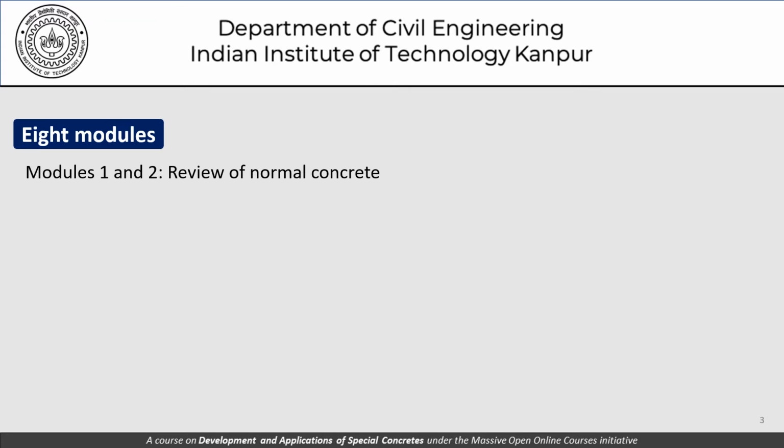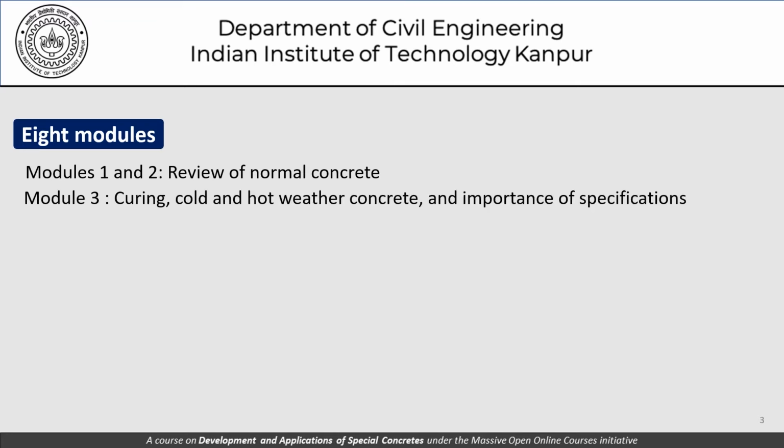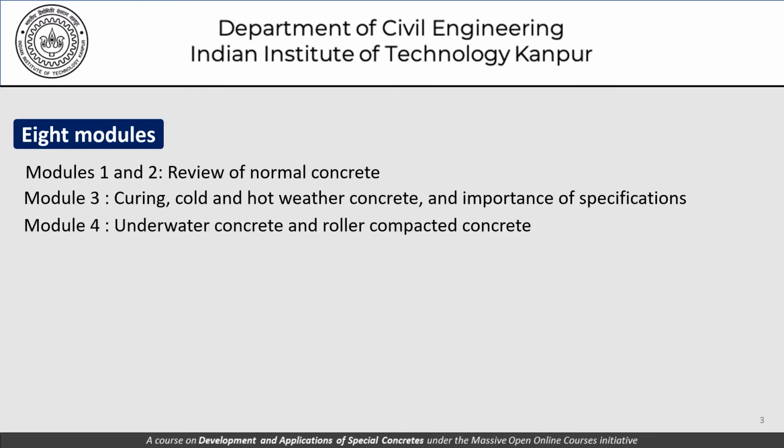To recapitulate, Modules 1 and 2 dealt with the review of normal concrete. Module 3 dealt with curing, cold and hot weather concrete and the importance of specifications. In Module 4, we went through a discussion on underwater concrete and roller compacted concrete.